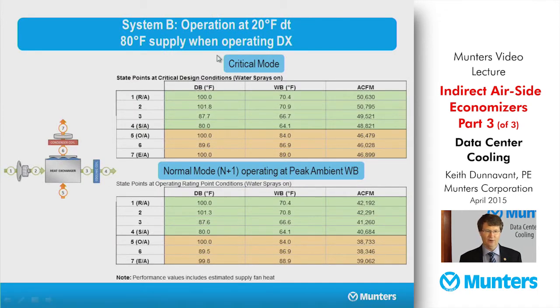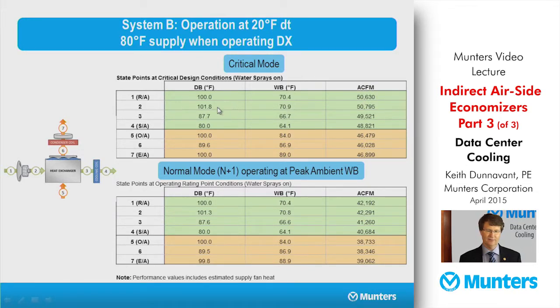Just to get you oriented in terms of the airflows, I'm only going to look at System B in this situation. So we have a little pictorial here showing condition 1, which is the return air coming back at 100 degrees Fahrenheit and a 70.4 wet bulb. So you've got actual CFM of 50,630.